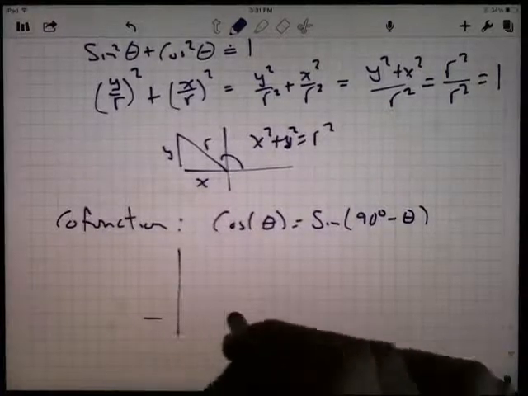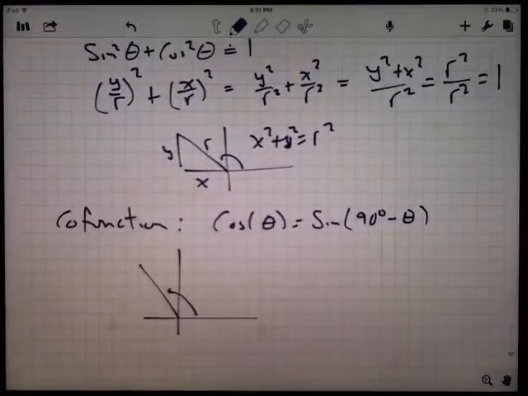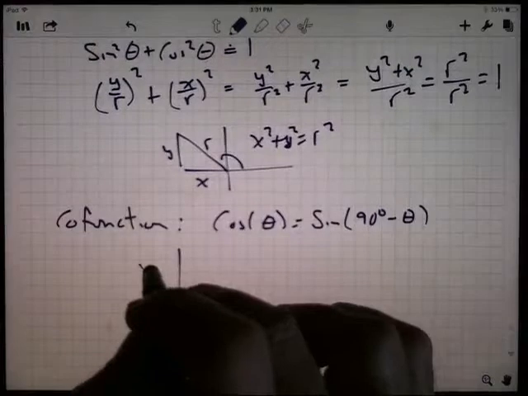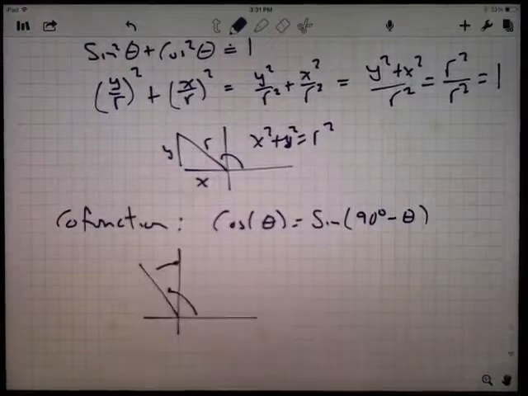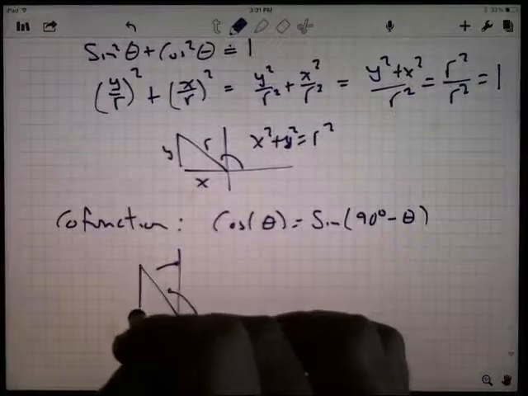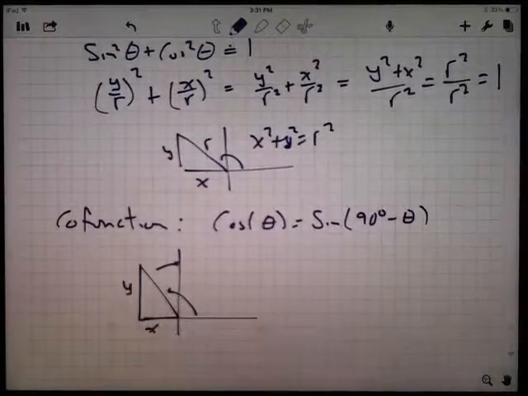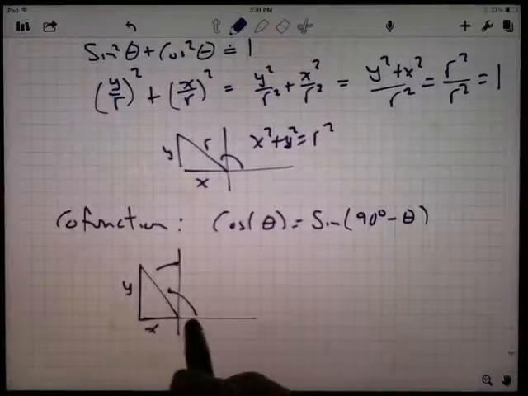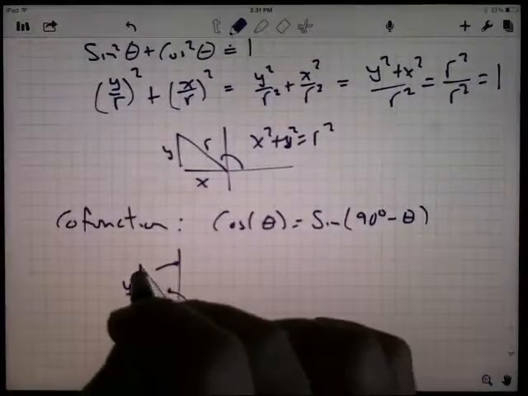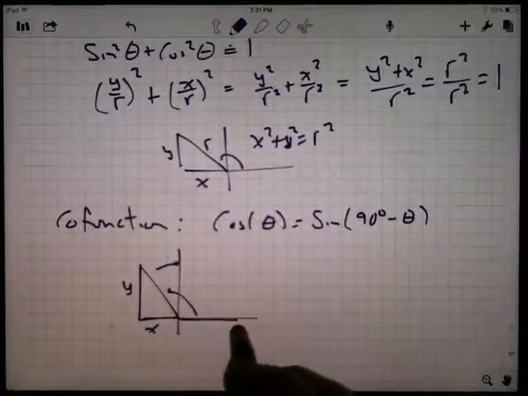What if you've got an angle that's out here in the second quadrant? The complement then is this negative angle coming back to there. So let's take a look here. If I've got an x coordinate and a y coordinate here, the x is negative, the y is positive. The complementary angle is this negative angle, which is actually down here.